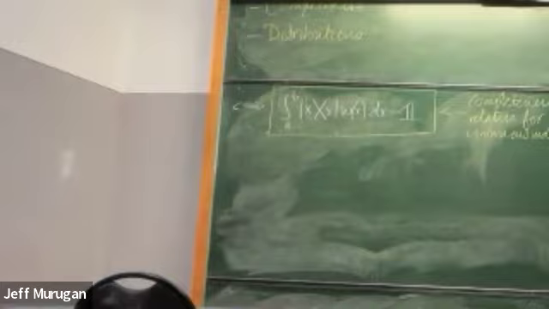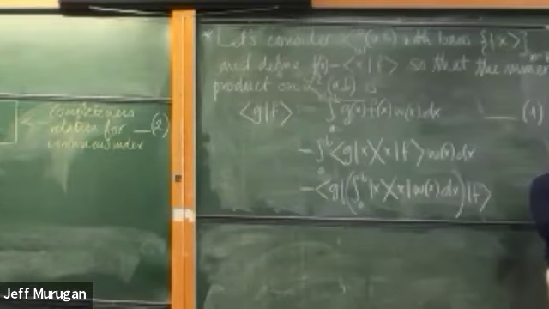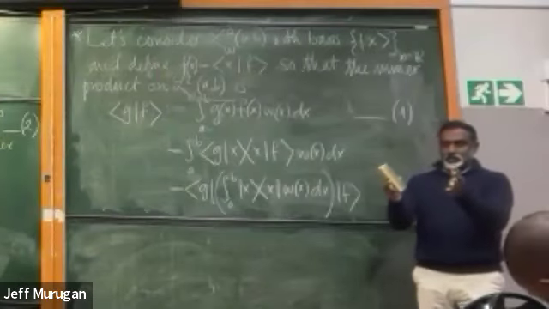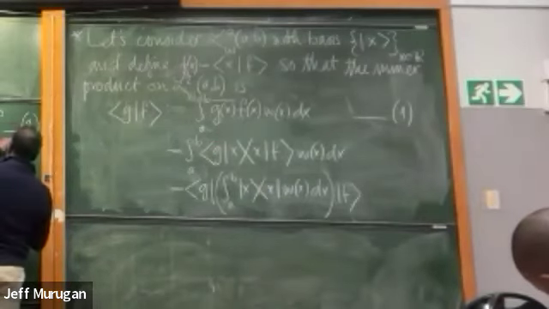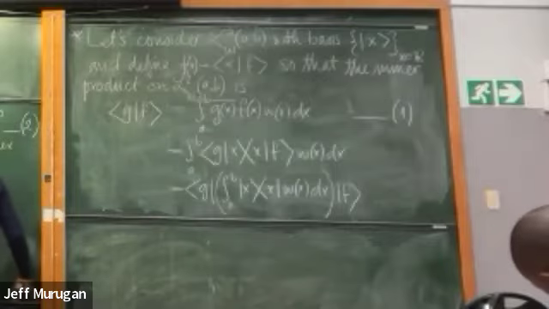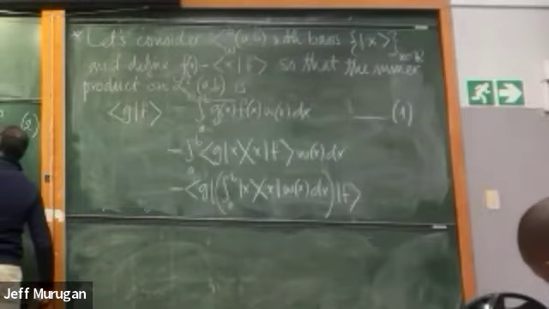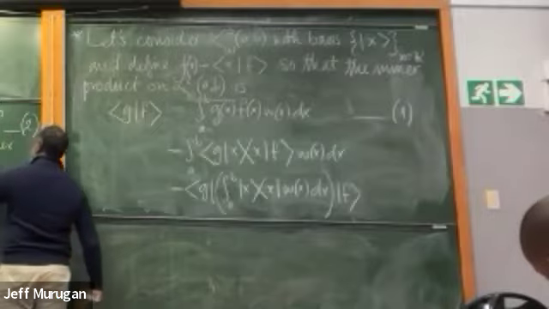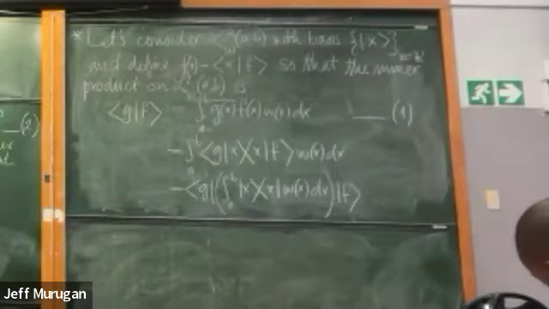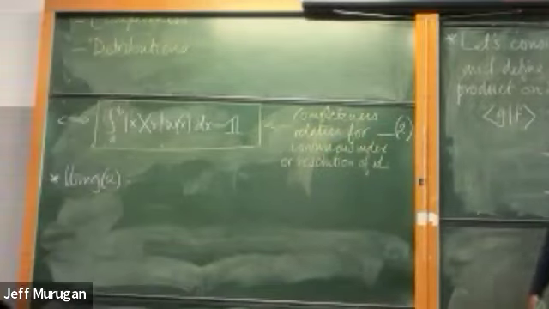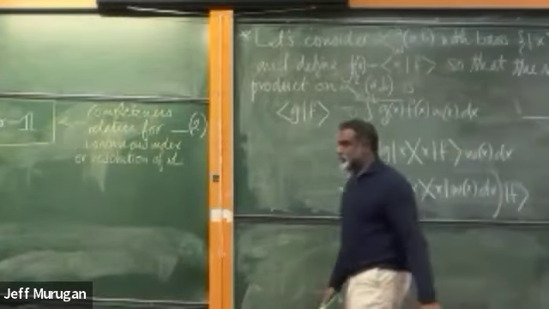So we wrote the vector f as f_i e_i. This is called the completeness relation, or the resolution of the identity. I can use this to expand a general vector now in terms of the basis set.